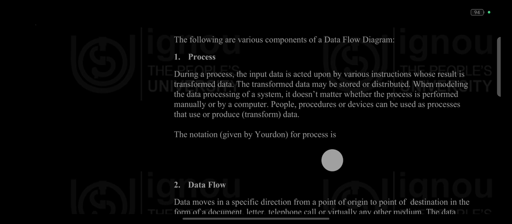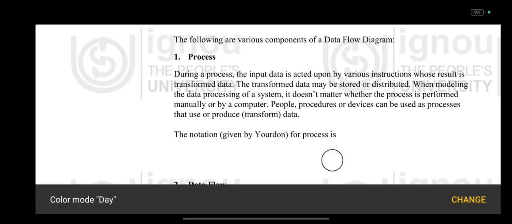People, procedures, or devices can be used as processes that use or produce, that is, transform data. The notation given by Jordan for processes is only a circle.